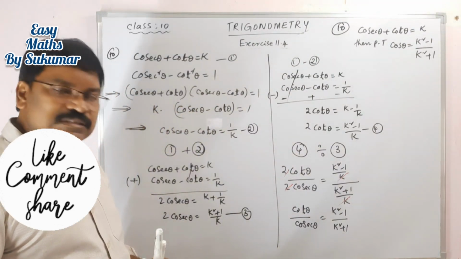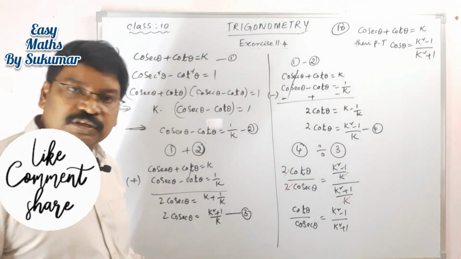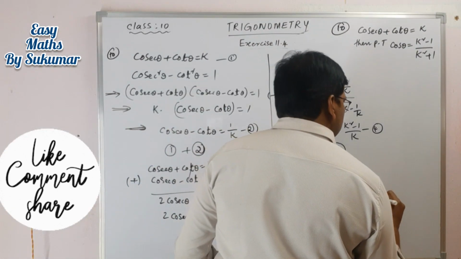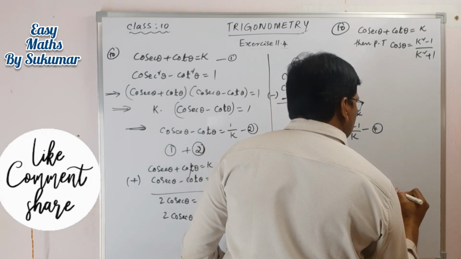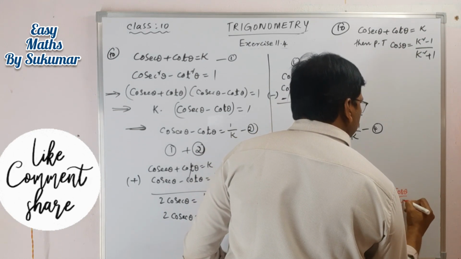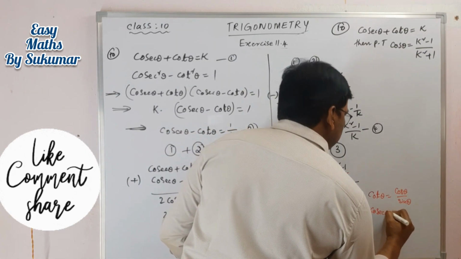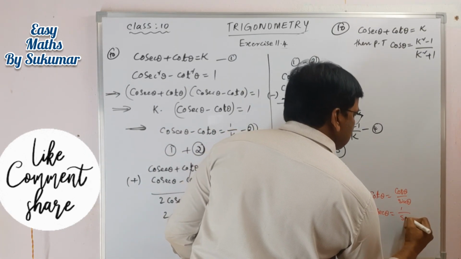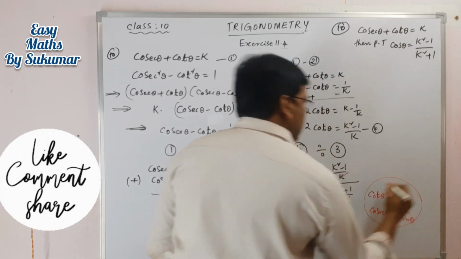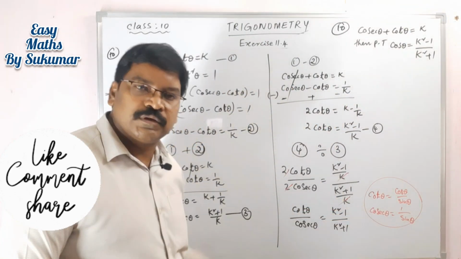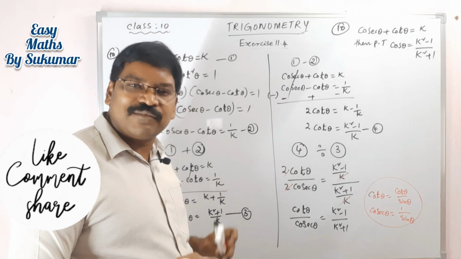But my dear students, cot theta means cos theta by sin theta. Let me write here that identity. Cot theta is equal to cos theta by sin theta. Similarly, cosecant theta is equal to 1 by sin theta. I will use these two here in the left hand side.